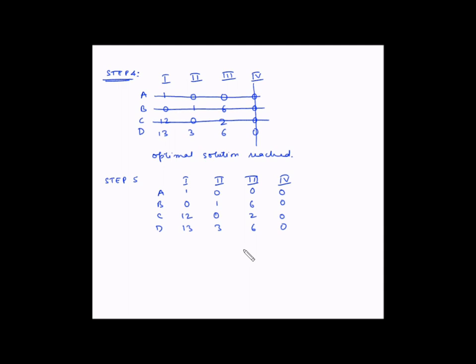Same thing then we'll repeat for column wise. So the first doesn't have, second has 2, third has 2, and fourth has 1. So let's assign 4 here. Now since 4 has been assigned to D, 4 cannot be assigned to any other task. So let's cross the other zeros for that column.